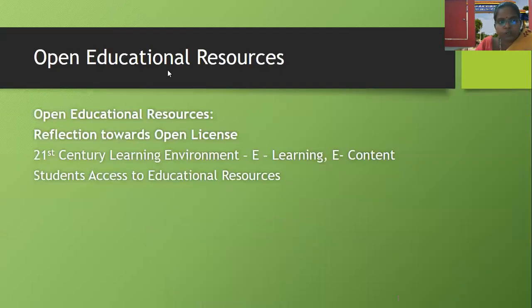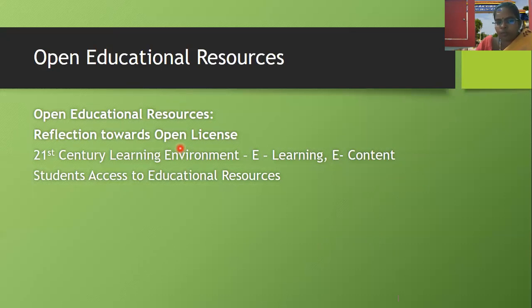So first we are going to see open educational resources. Open educational resources are nowadays very useful to everybody. For using open educational resources, we need an open license.